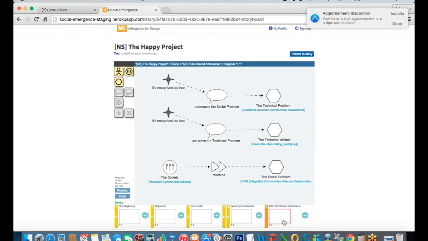The technical problem addresses the social problem, the technical artifact can solve the technical problem, and so we are all very happy because the society can resolve its social problem. So this had to be the happy deployment of the Green Communities project.